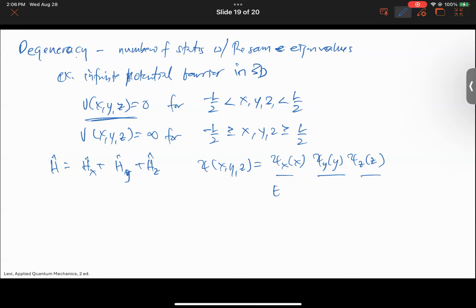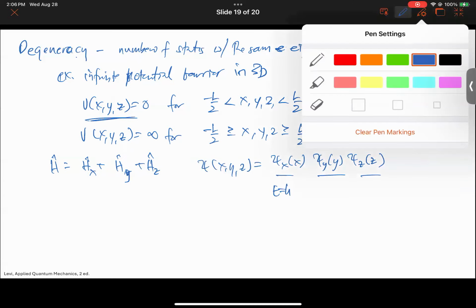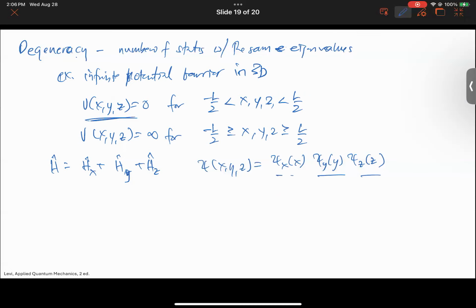So this means the energy eigenvalues are h bar squared k sub x squared over 2m for psi of x, h bar squared k sub y squared over 2m for y, and h bar squared k z squared over 2m for z. The total eigenvalue is just the sum of each of those eigenvalues.